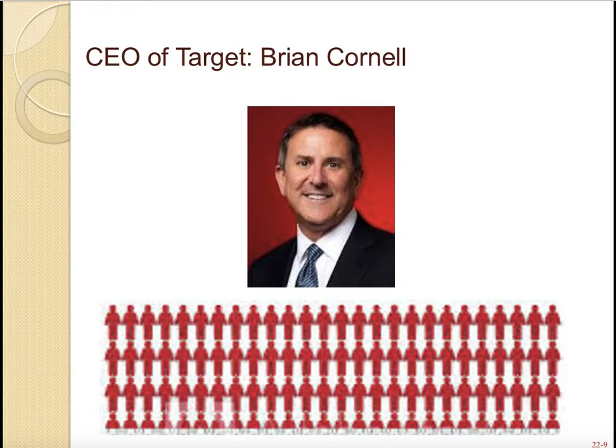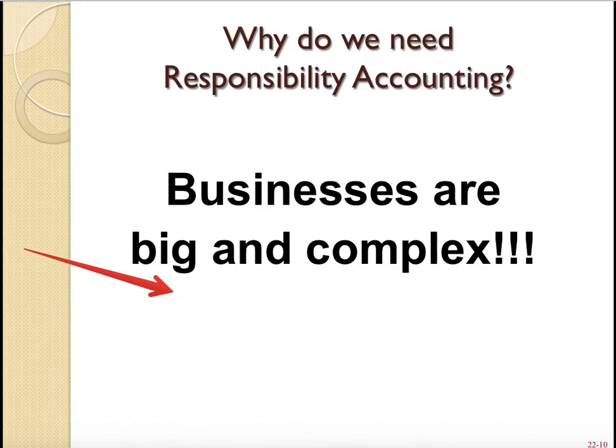That is why Brian Cornell has hired a bunch of people below him, okay, who are going to manage all of those individual Target stores because he can't be there to do all of that. So even though he is overseeing either directly or indirectly all of these people below him, he can't be there to manage them, okay? And that is the whole premise behind responsibility accounting.